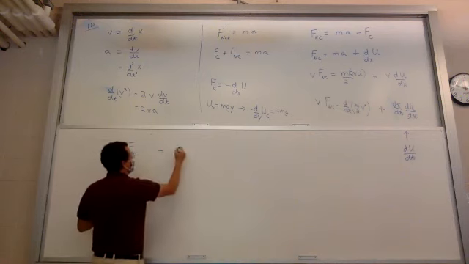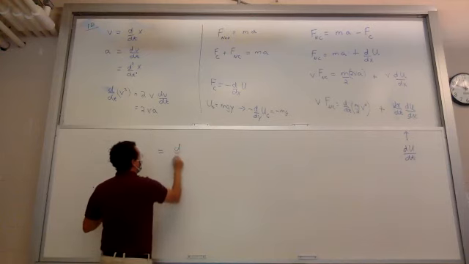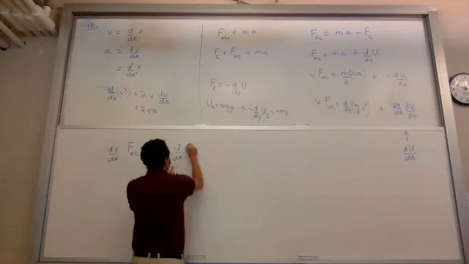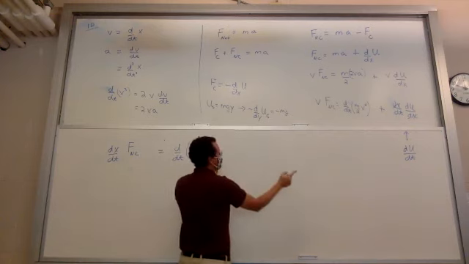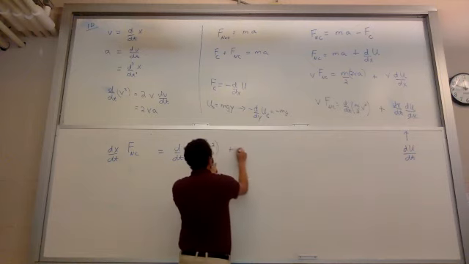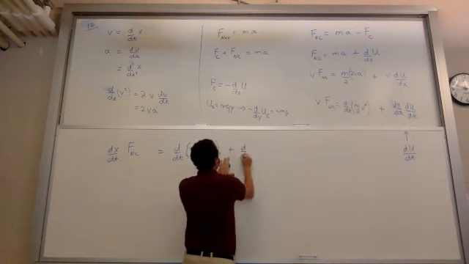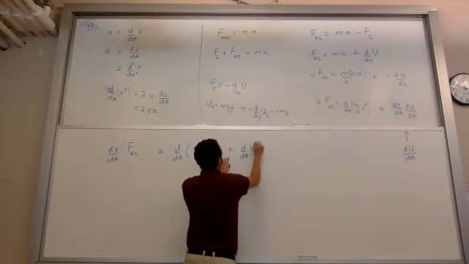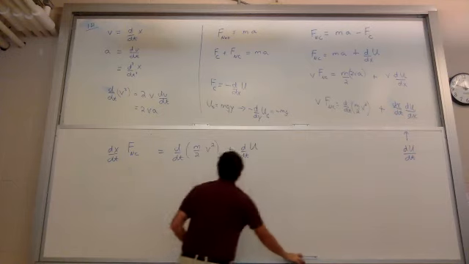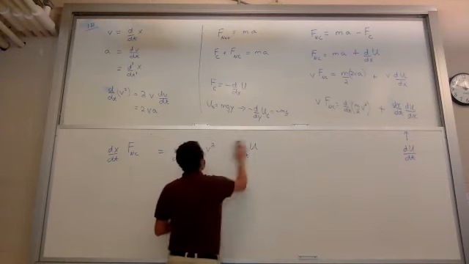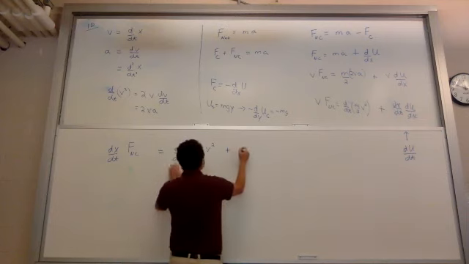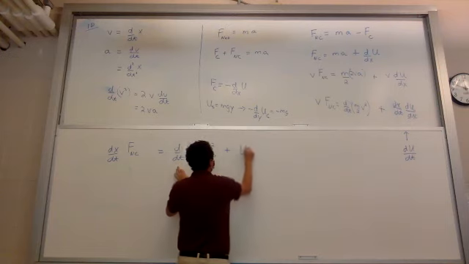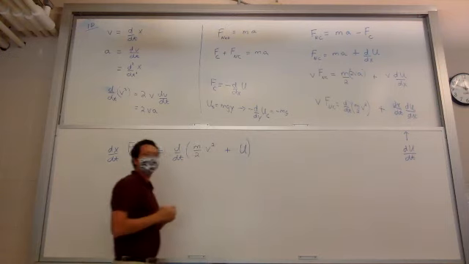So, I can write this as d by dt acting on m over 2 v squared, plus d by dt acting on u, or a better way to write it is d by dt on the sum, kinetic energy plus u.